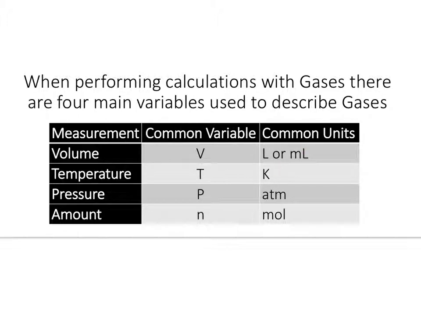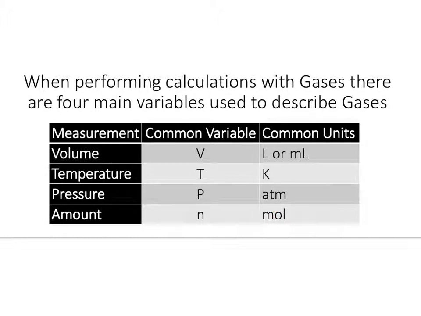Temperature must always be in Kelvin. I will tell you though, they commonly give you Celsius. Yes, you have to take that to Kelvin. Pressure is commonly in ATM, but we actually have an entire video on that. There are many, many different units of pressure. The most common one though will be ATM. And our common amount will be in moles.